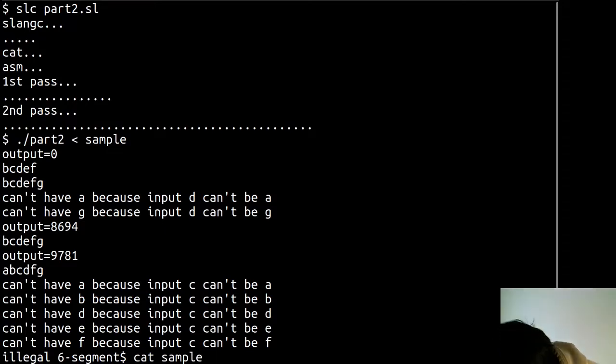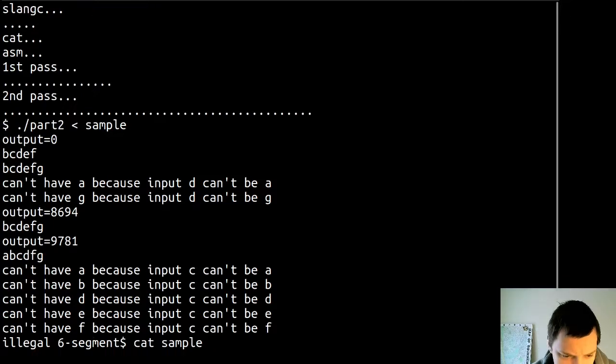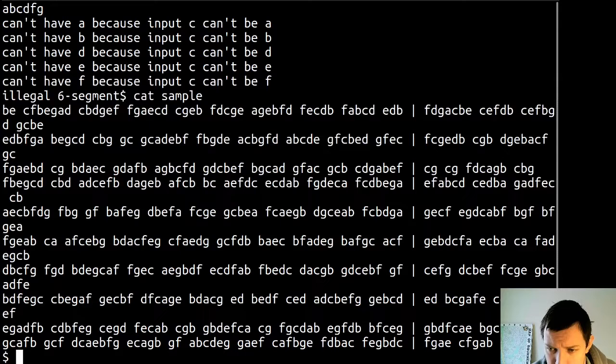A, B, C, D, F, G. C can't be A, B, D, E, or F. So on the third line, oh yeah, A, B, C, D, F, G they're just not in order here, so F, D, C, A, G, B. So why can't C be any of A, B, D, E, or F?